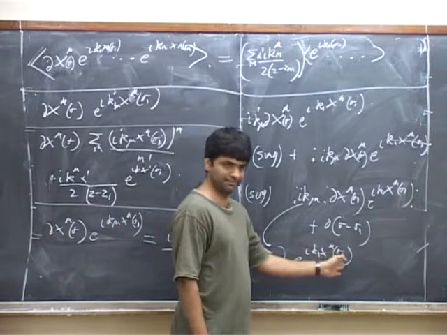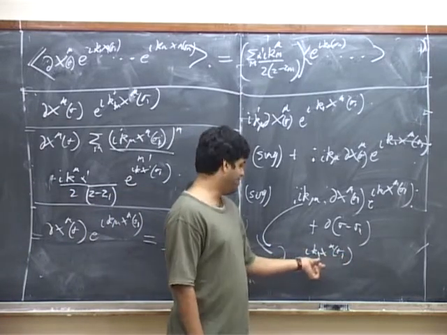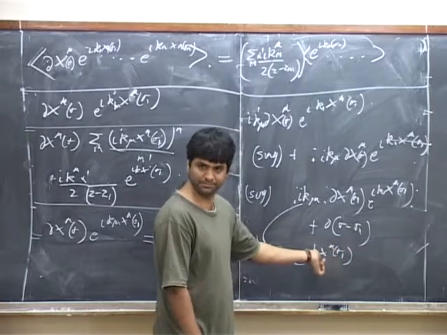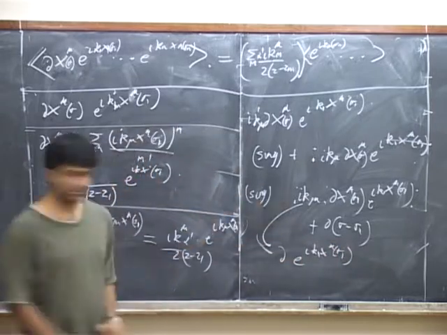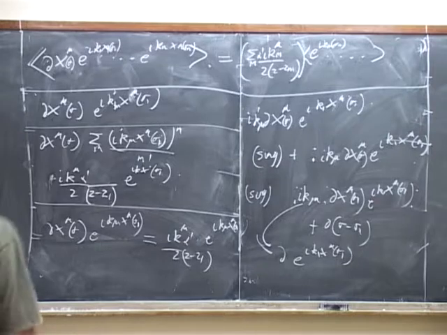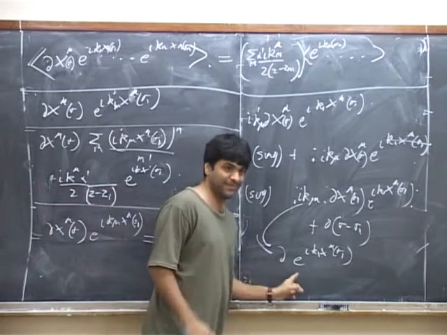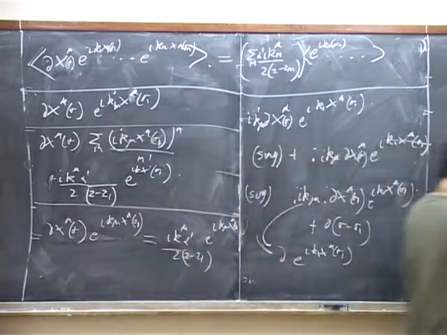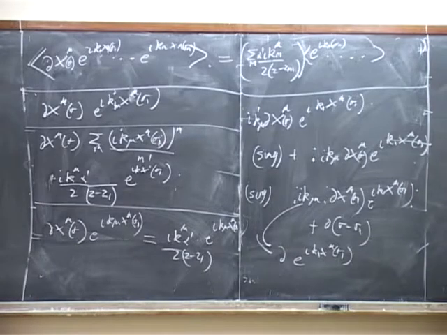The derivative of this object is i k1 and the derivative of x mu. Is this clear?